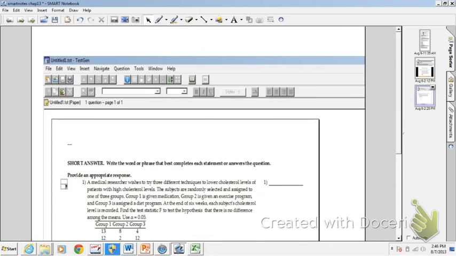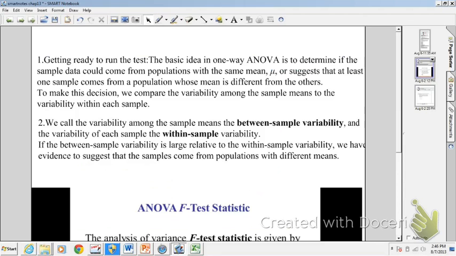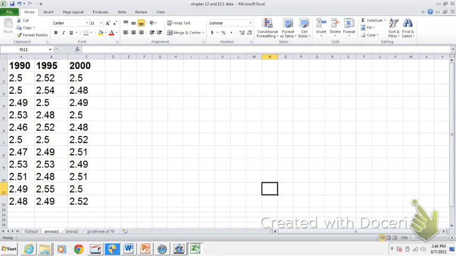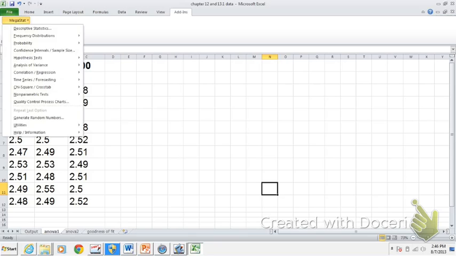Oh, now we're actually ready to run the test. Okay, so you see I've pasted the data from the coins from the various years into Excel. So let's go to add-ins, Megastat.